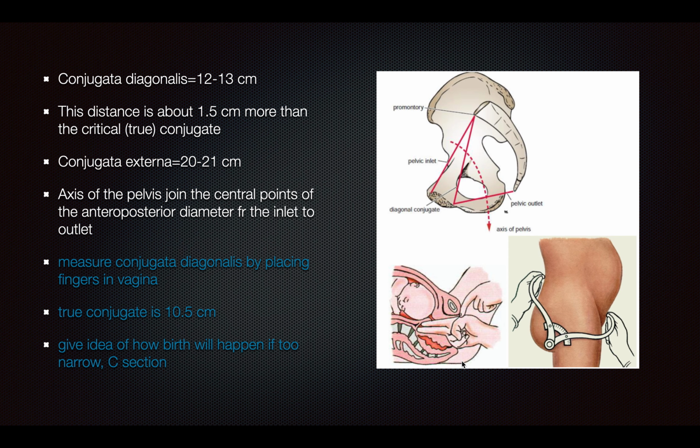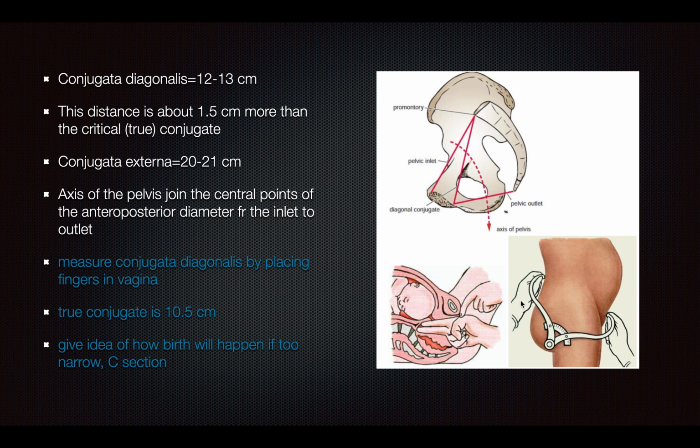This is a little bit dangerous to do because as the females are giving birth or still preparing for birth, this can interfere with things, and it can be very uncomfortable for the patients. And in general, this is just not really a common practice anymore.